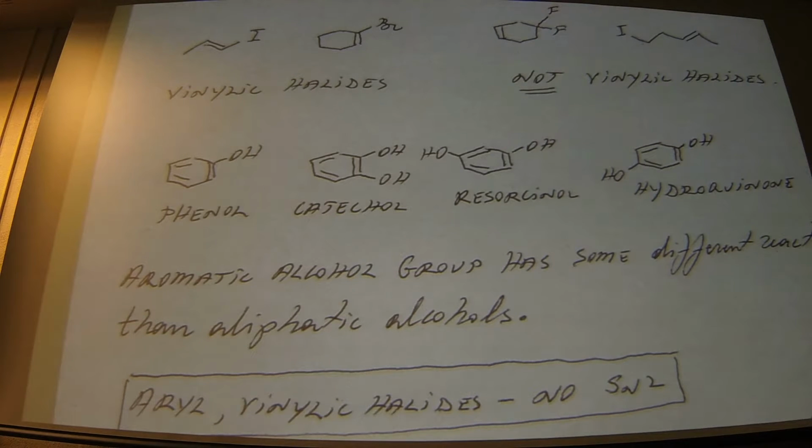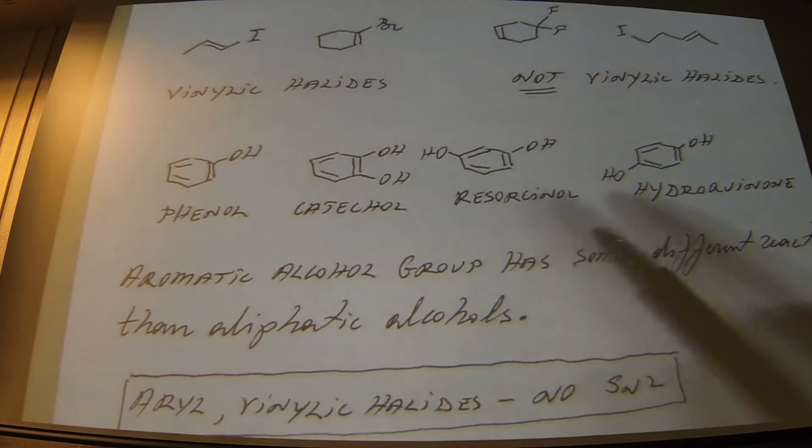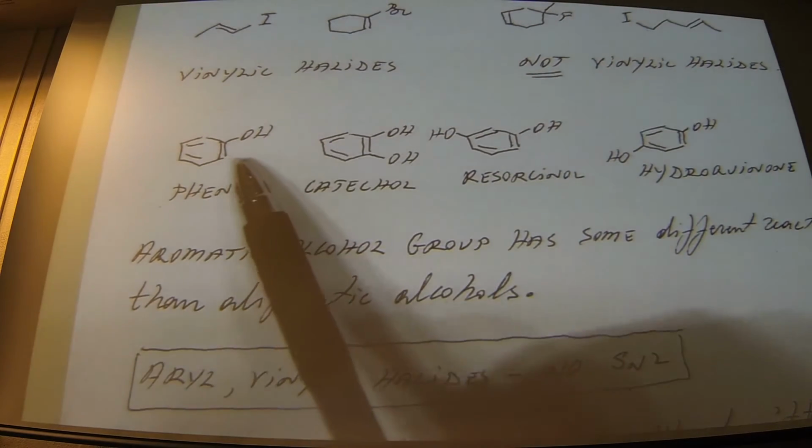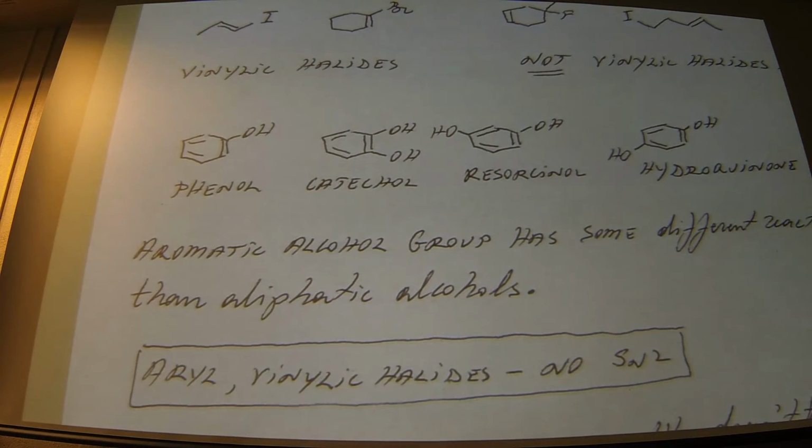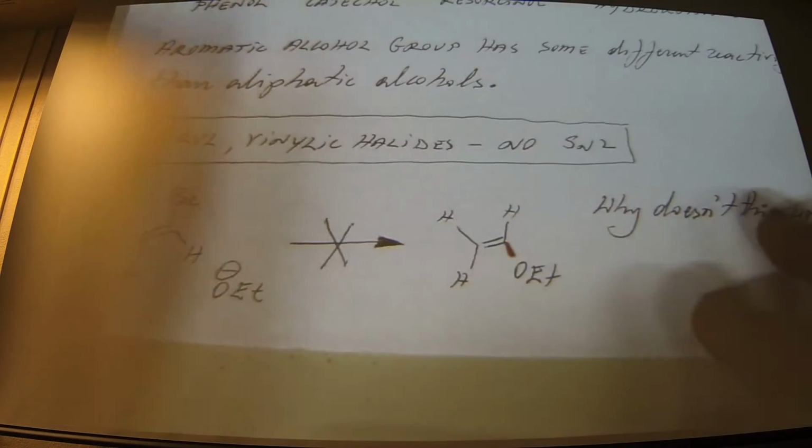Because the hydroxy group strongly activates the ring towards electrophilic substitution. So in that regard, it looks sort of like an enol. But it has very different reactivity. The aromatic alcohols have very different reactivity from aliphatic alcohols, from alcohols where you have an OH bonded to an sp3 hybrid carbon.